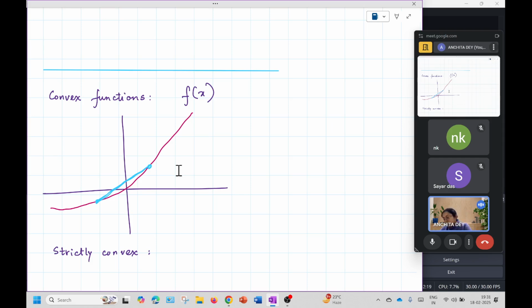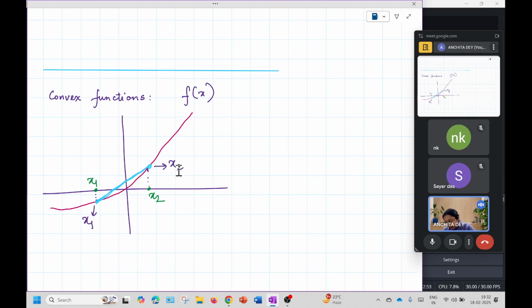In a mathematical way, let this point be x1 and this point be x2.